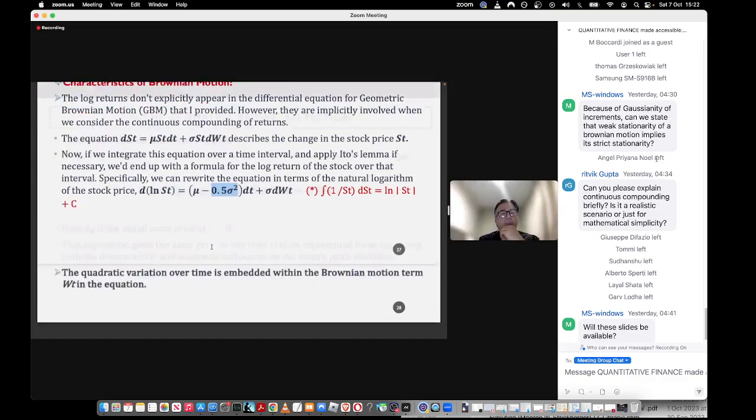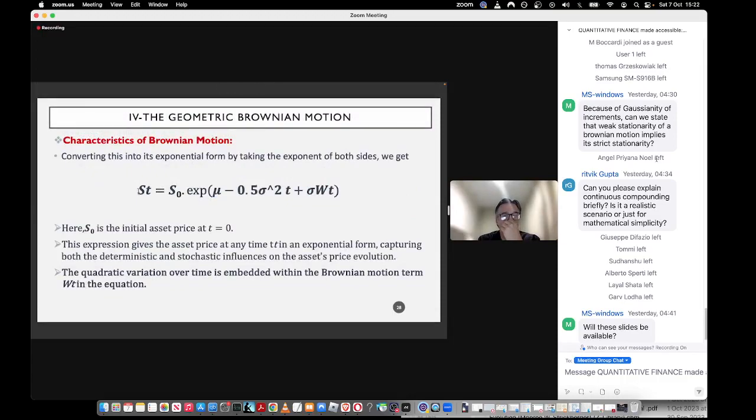After integration, you get that expression, which gives you the value of the future price with the compounding effect first, and here still with the random component.